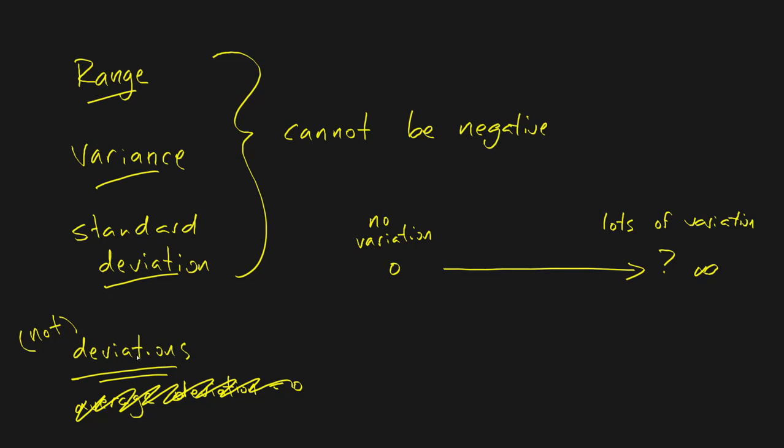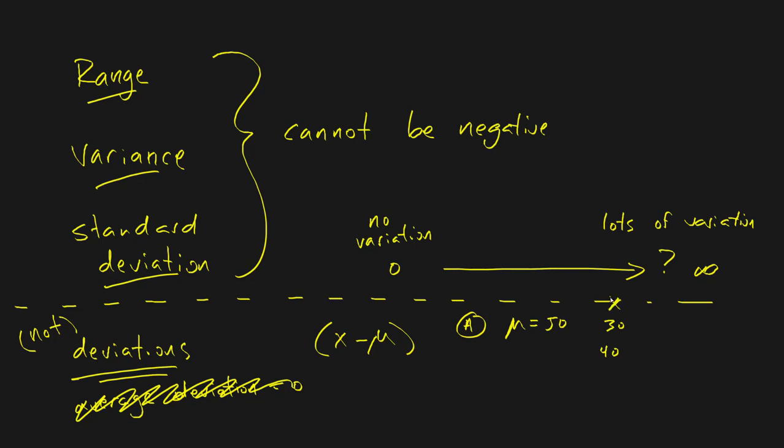Now the reason that deviations from the mean, so x minus the mean, is excluded from that rule, that they cannot be negative, is because it's entirely possible that you can be below the mean. So let's say, I did an example earlier where company A had an average salary of $50,000. And we took a sample of people from that company, and somebody was making 30, somebody was making 40.